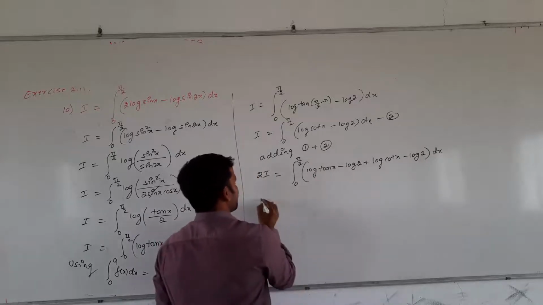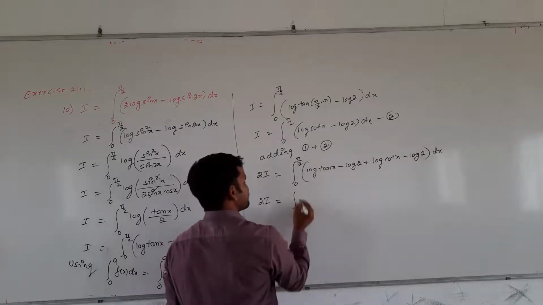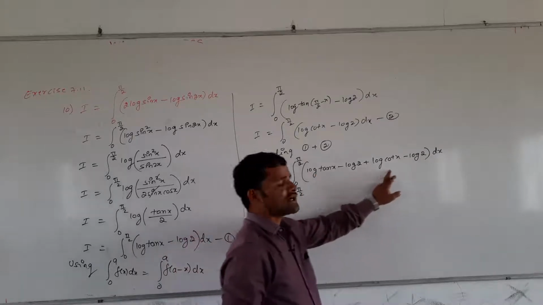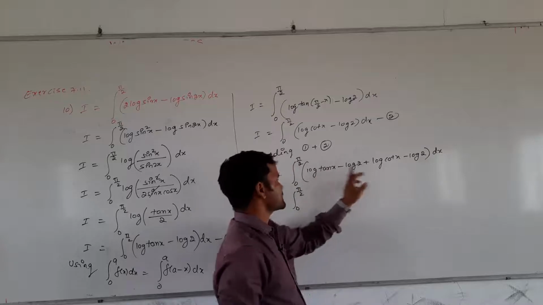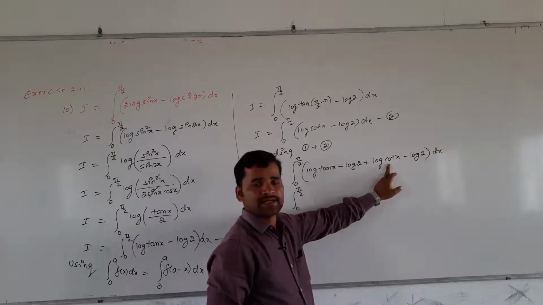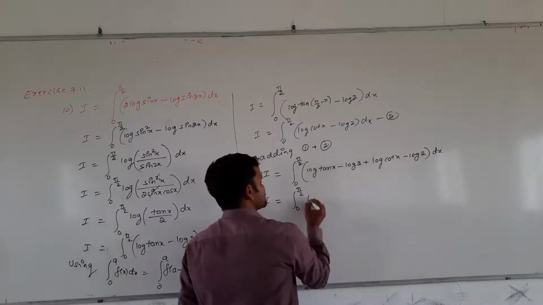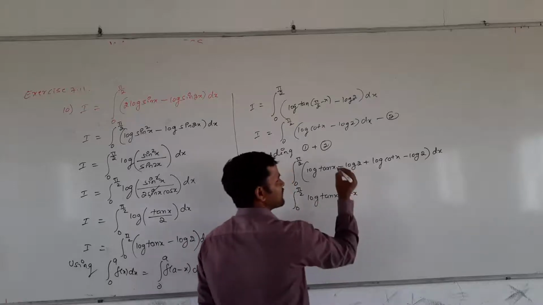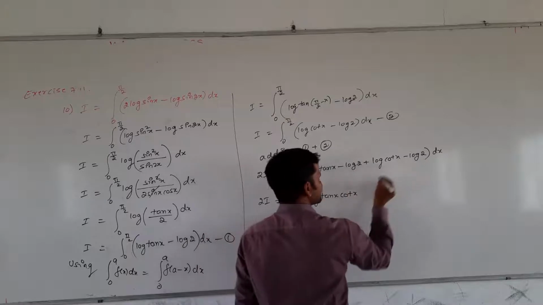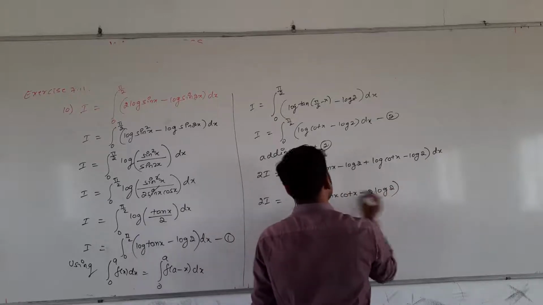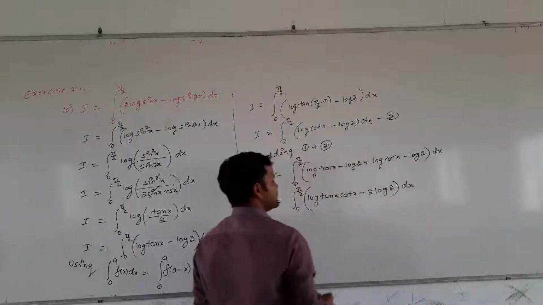You see 2I is equal to the integral from 0 to pi by 2 of log tan x plus log cot x. These are in the form log m plus log n, which is equal to log of m into n, so it is log of tan x into cot x, minus 2 times log 2, into dx.